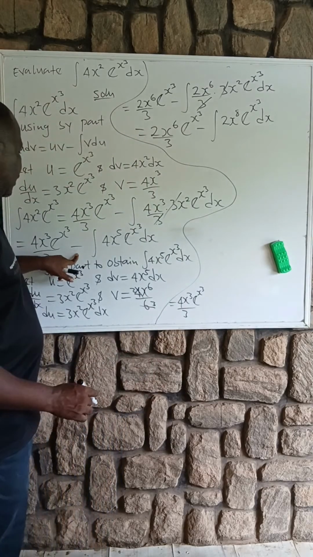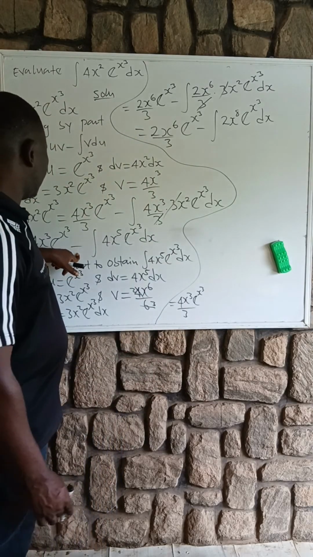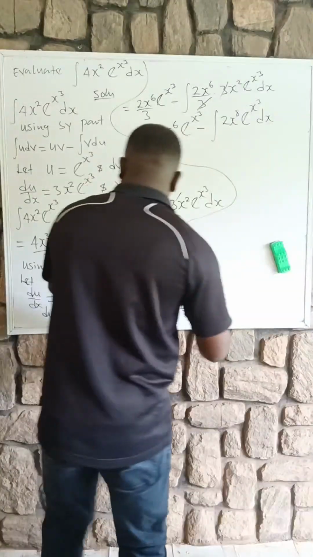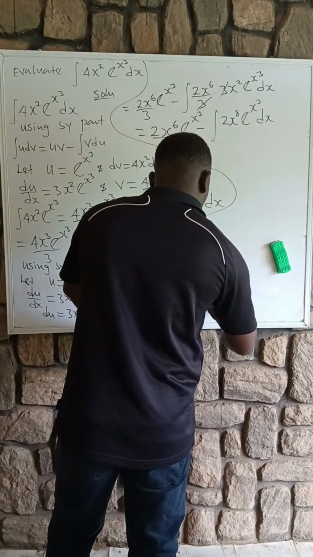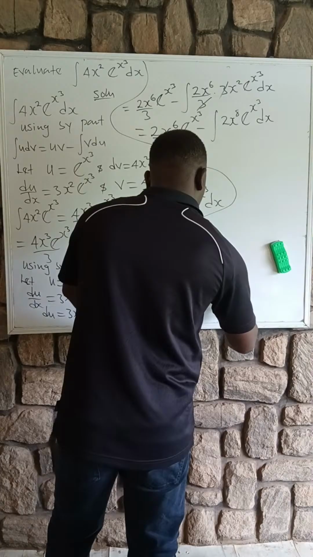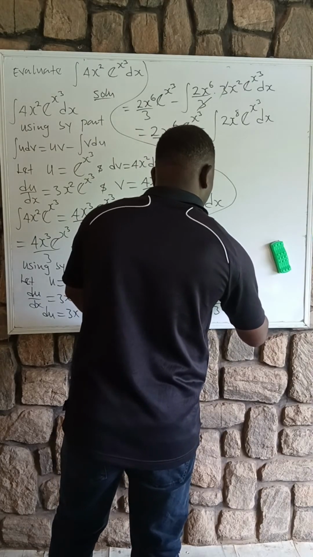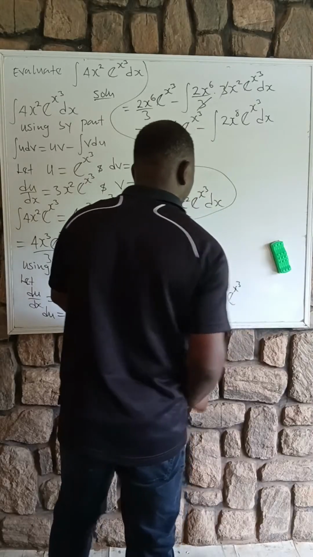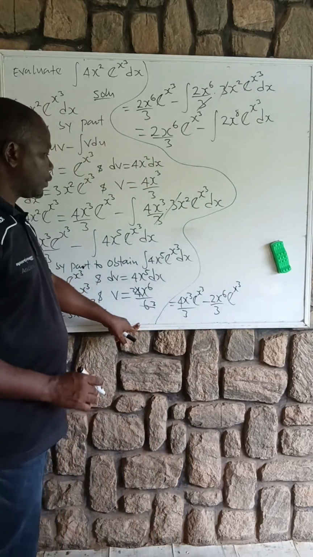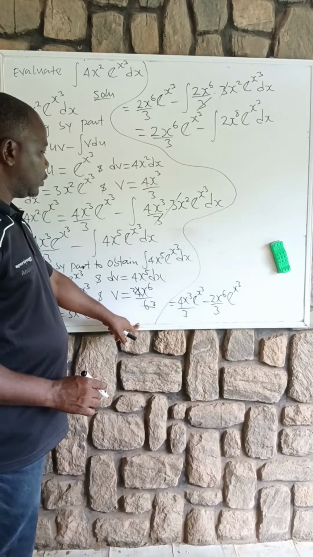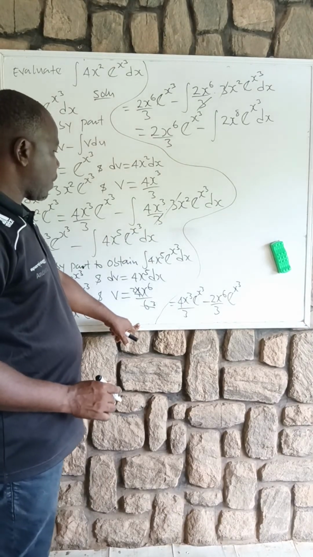Mind you, here is negative, right? So negative multiplied by this, here will be minus 2x raised to the power 6 all over 3 exponential x raised to the power 3. True or false?